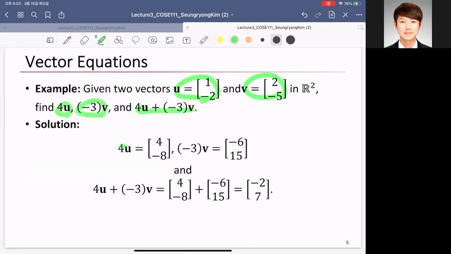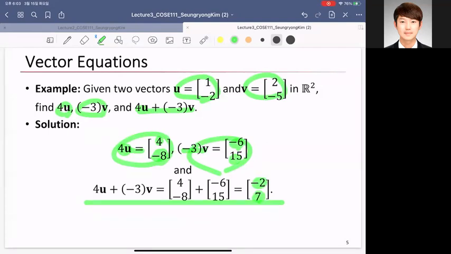Let's do that. 4u is equal to 4 times 1, 4 times -2, so (4, -8). -3v is equal to -3 times 2, -3 times -5, so it's (-6, 15). Then by adding these two vectors, we get (-2, 7). So 4u plus -3v is equal to (-2, 7). 그렇죠? 어렵지 않죠? This is the vector equation, vector arithmetic operation.